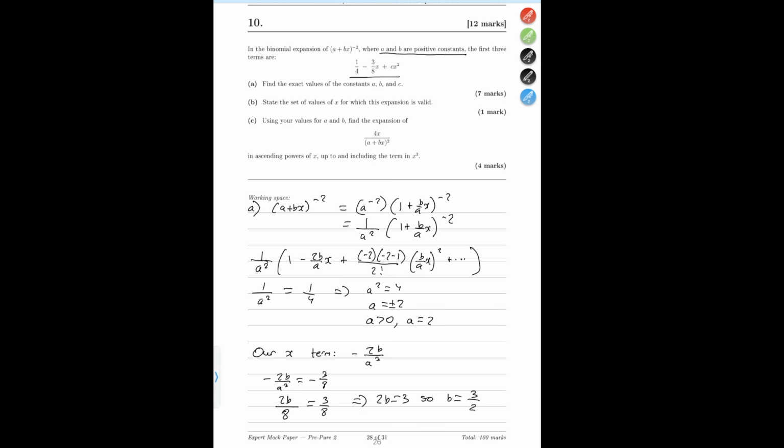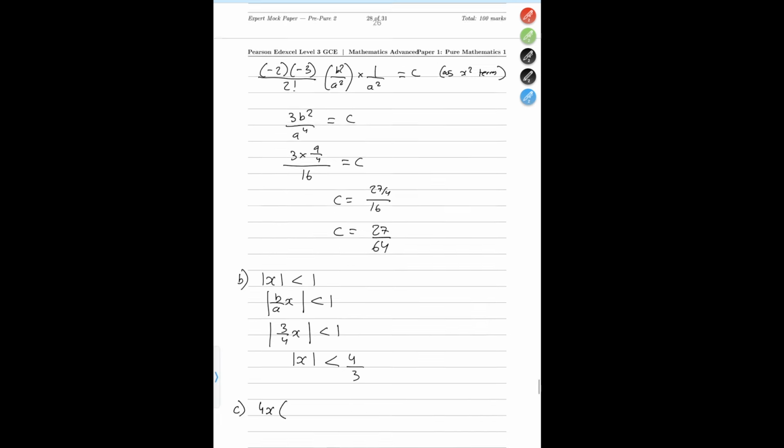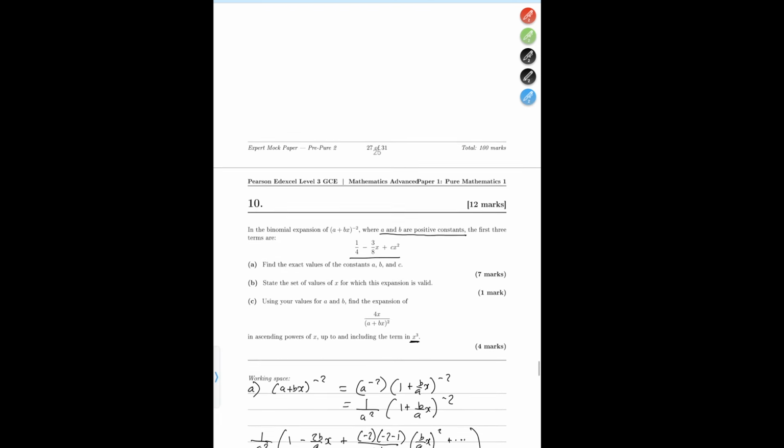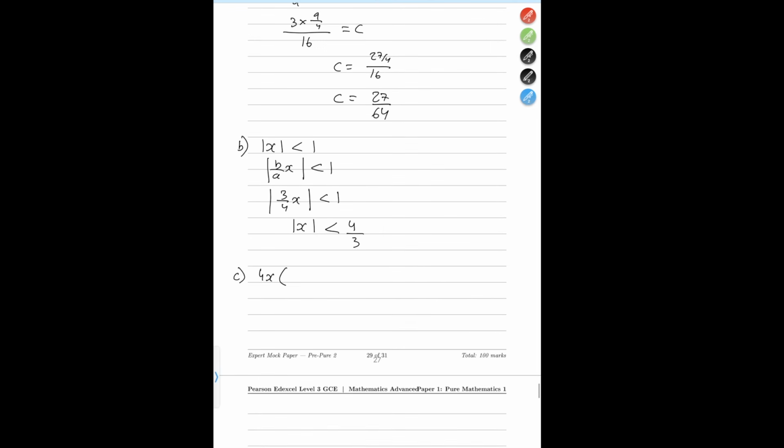Okay, so now we can go to part c, and it says, using your values for a and b, find the expansion of the following up to and including the term x cubed. So let's write this out now in terms of how it will help us. So 4x, and then it is a plus bx whole squared. Okay, so that will be 2 plus 3 over 2 x to the power of minus 2.